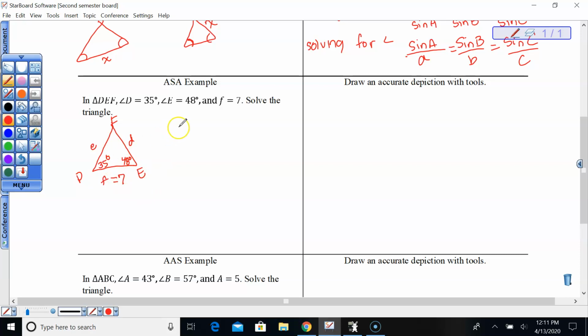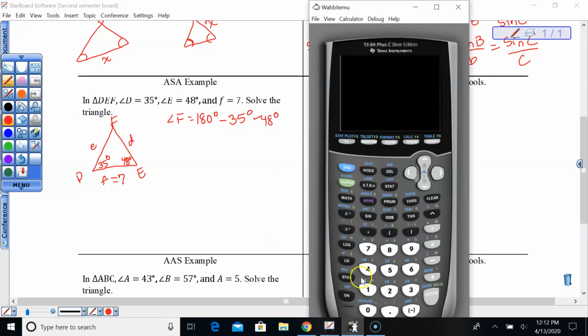Okay, so if I wanted to solve the rest of this triangle, the first thing that I would do is go ahead and solve for angle F, because if I have two angles in a triangle, of course I can do the third angle. So angle F is just going to be 180 degrees, since it's inside of a triangle, minus 35 degrees minus 48 degrees. I'm just going to type that in my computer real quick.